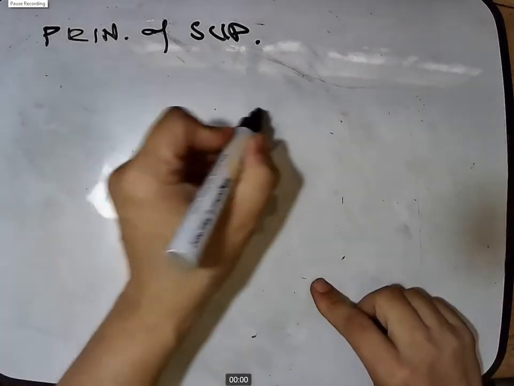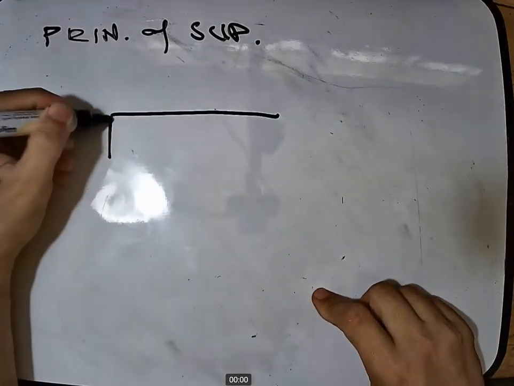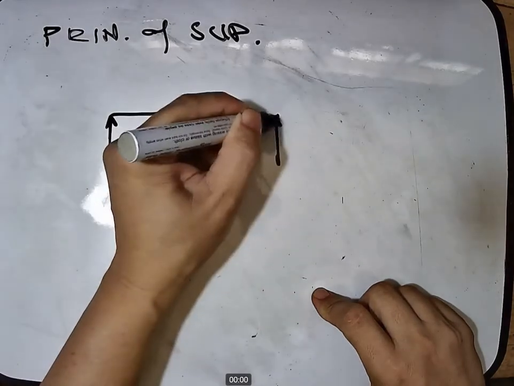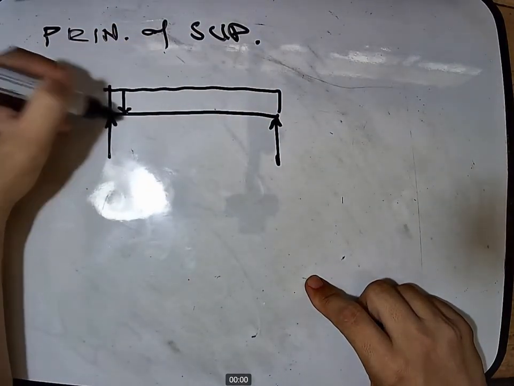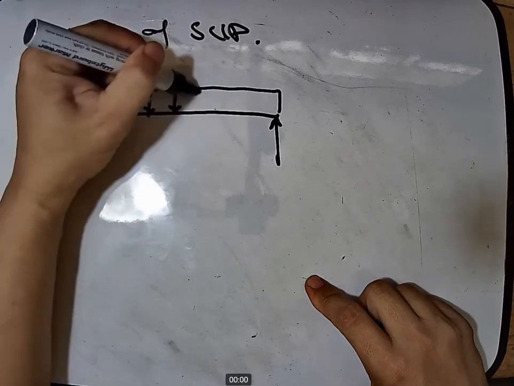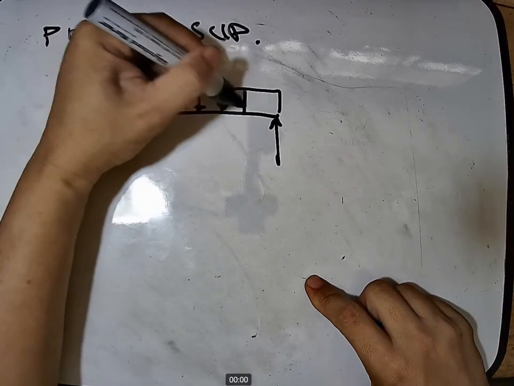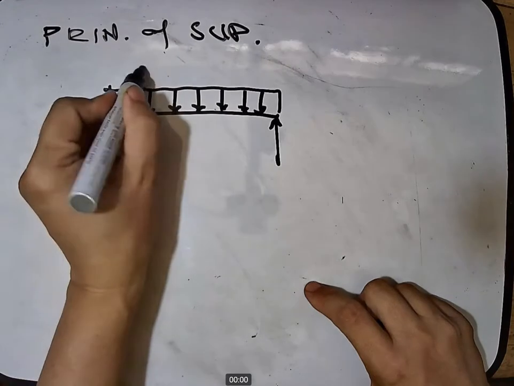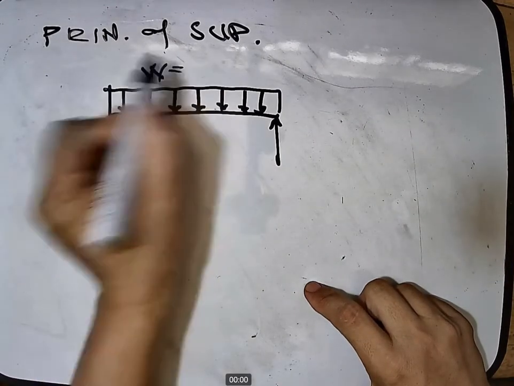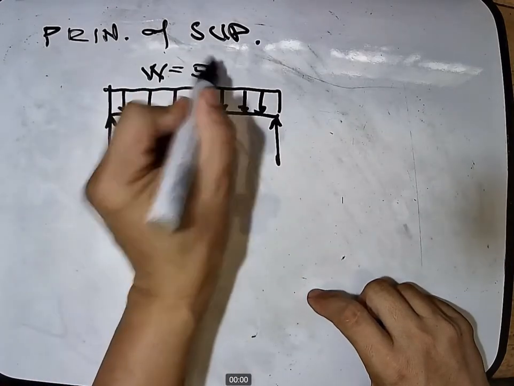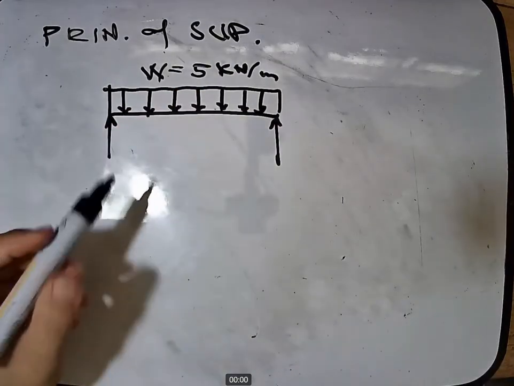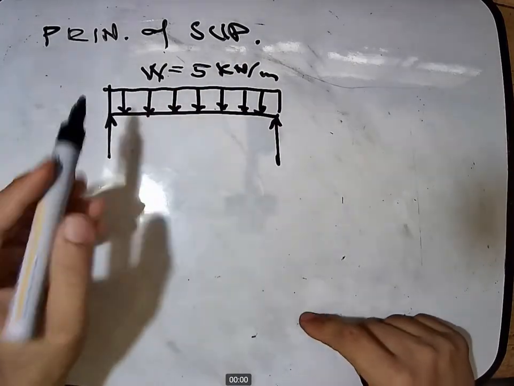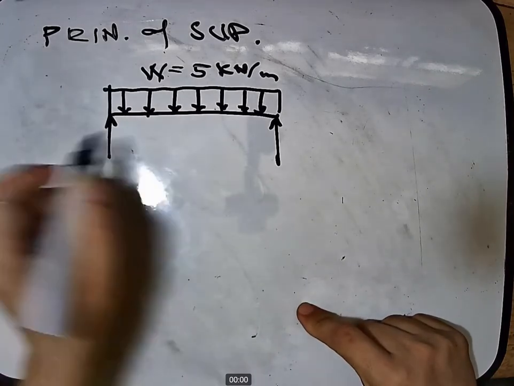Ang ibig sabihin ng principle of superposition is something like this. Let's say meron tayong beam. Meron tayong in-apply na uniform load. Okay, let's take this as W. Let's say this is 5 kilonewton per meter. Note that this is a uniform load, so meron tayong reaction.